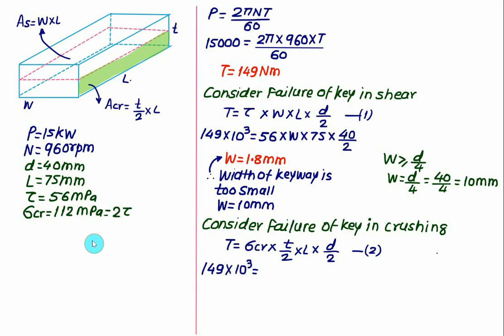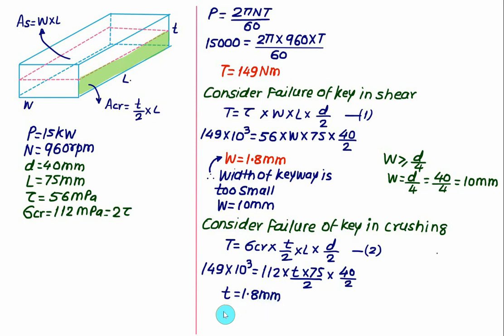Sigma crushing is equal to 112, multiplied by thickness T, which is unknown, multiplied by L, where L is known, equal to 75, divided by 2, multiplied by D by 2. We have D equal to 40 divided by 2. From this we have to calculate the thickness T. This answer is also coming out to be 1.8 mm.